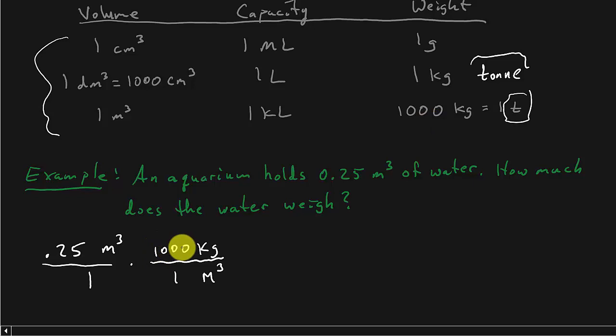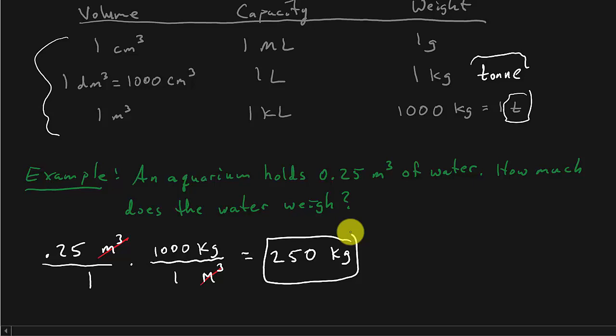You can see the cubic meters cancel, and this is equal to 250 kilograms. That's the weight of the water. If you've watched the other 2 videos, it's the same thing as far as how you work the problems.